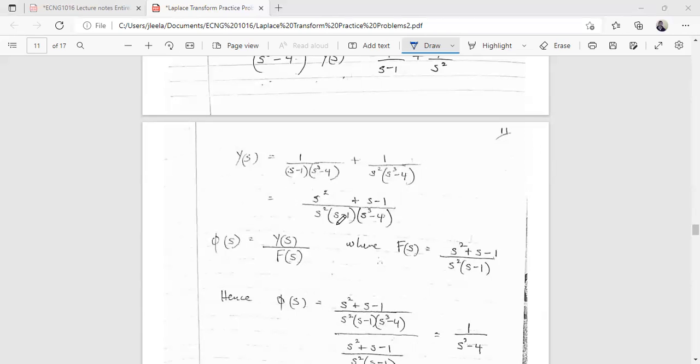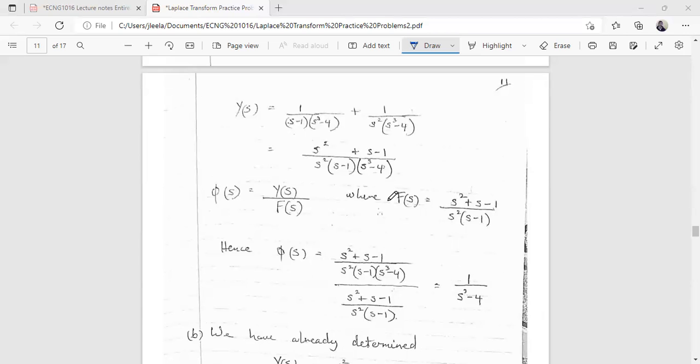So the LCM here will be s squared, s minus 1, s cubed minus 4. You'll have to multiply this first one by s squared, and multiply this other one by s minus 1. So your transfer function would be Ys over Fs.